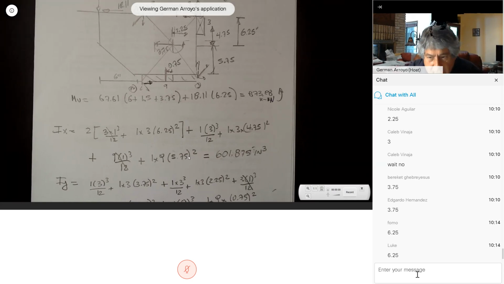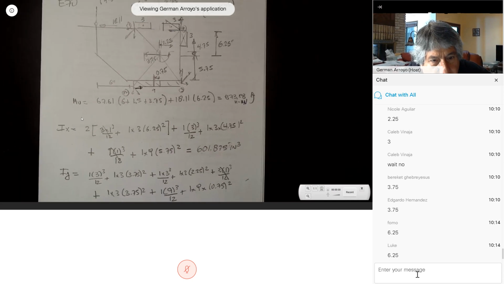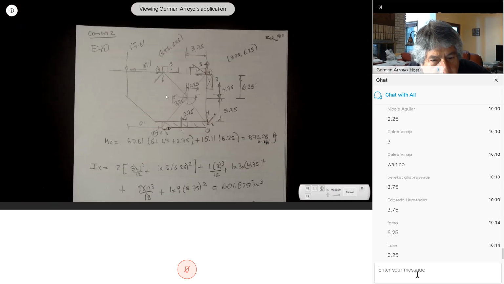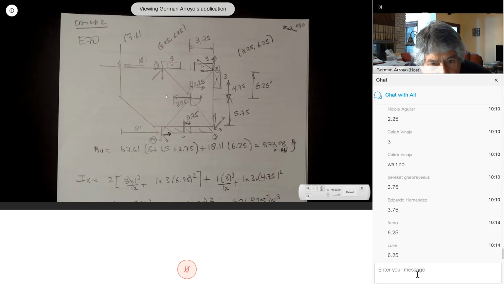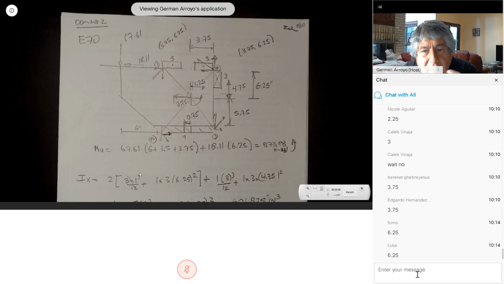I'm going to do the computation of the moment of inertia of all these lines about the x-axis. So here on the top, I had two of these. The moment of inertia of each one of them is the base times h cubed over 12. I told you that we are just given a dimension to be able to say b h cubed over 12.